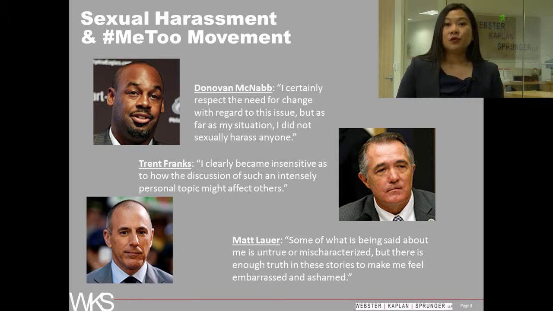The last individual on this list, Matt Lauer, was a host of the Today Show on NBC for many, many years and was very respected by the journalism community. Unfortunately for Mr. Lauer, there was an allegation brought forward by a female individual who had worked for NBC.